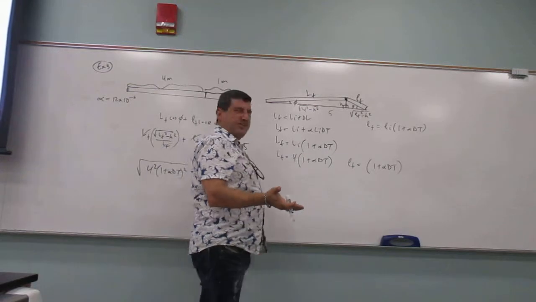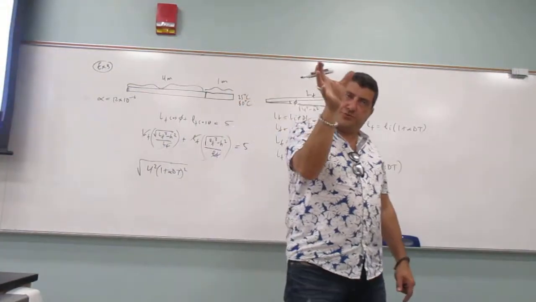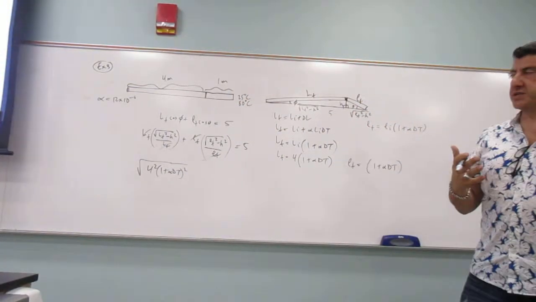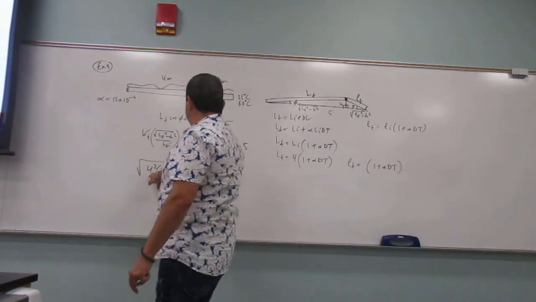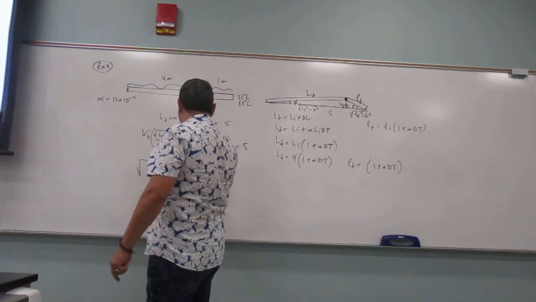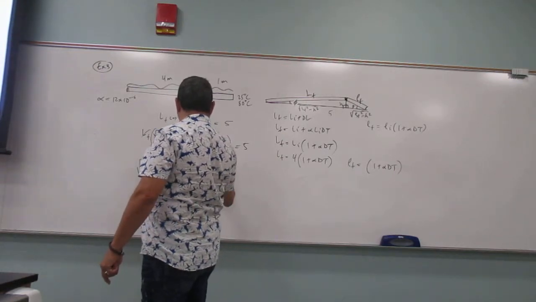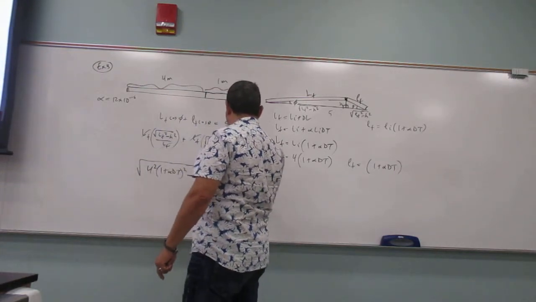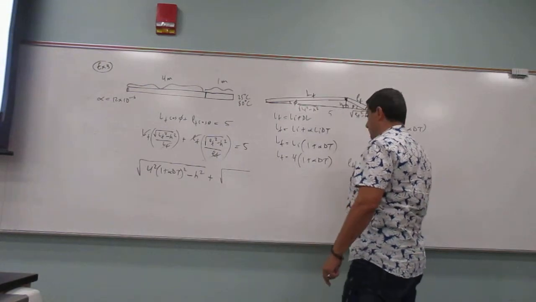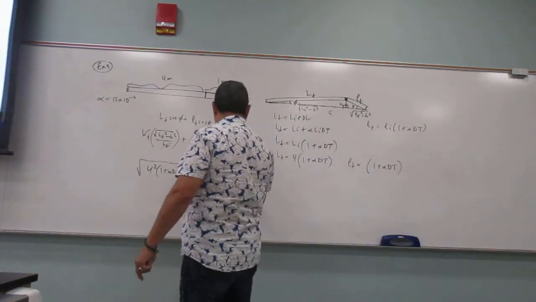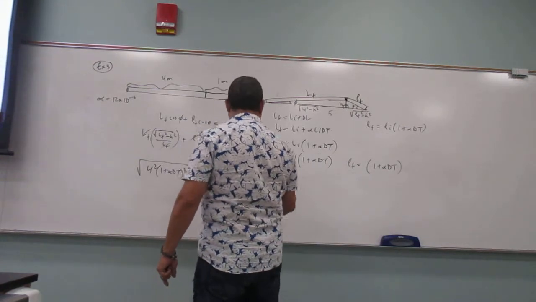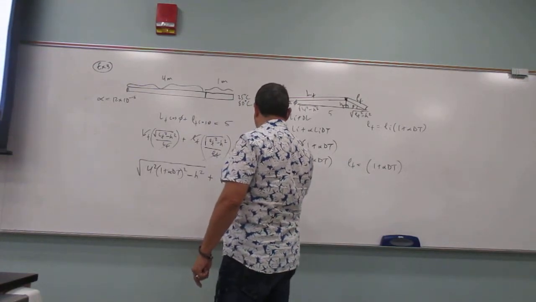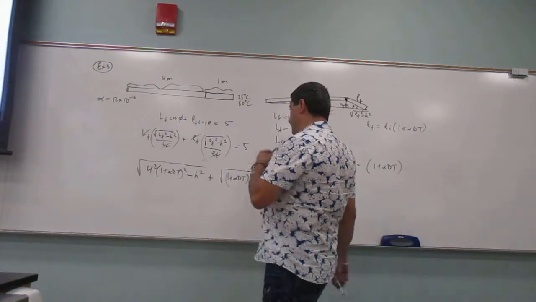I really didn't need the angles; I just put them there to visualize what's going on. So I'm going to have the square root of 4 squared (1 plus alpha delta T) squared minus h squared, plus the square root of 1 squared (1 plus alpha delta T) squared minus h squared, and that's equal to 5.